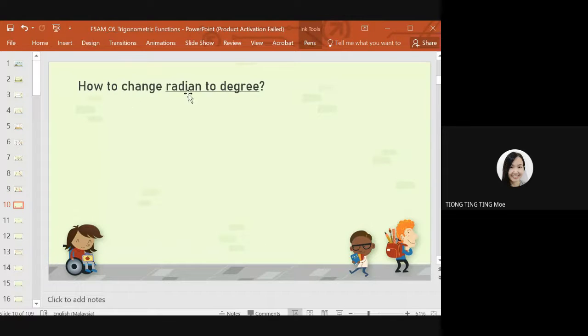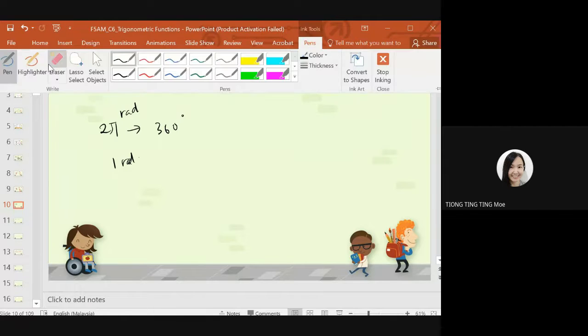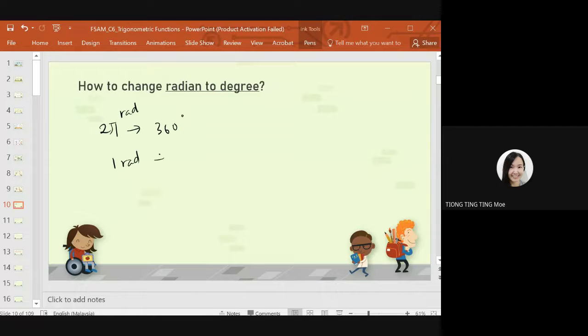Now we go back to how to change radian to degree. If you couldn't remember, 2 pi radian equals 360 degree. So 1 radian is 360 over 2 pi, which equals 180 over pi.